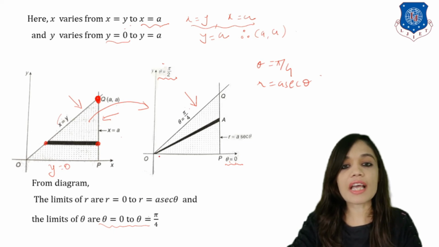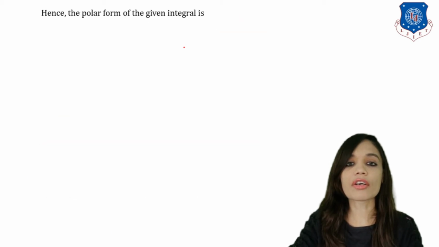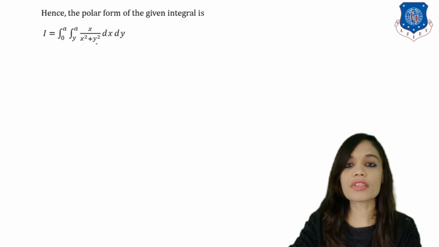Now our radius r varies from r equals 0 to r equals what? a sec theta. So the limits of r are 0 to a sec theta. So now let us convert our given integral, which is I equals double integration 0 to a, y to a, x upon x square plus y square dx dy.